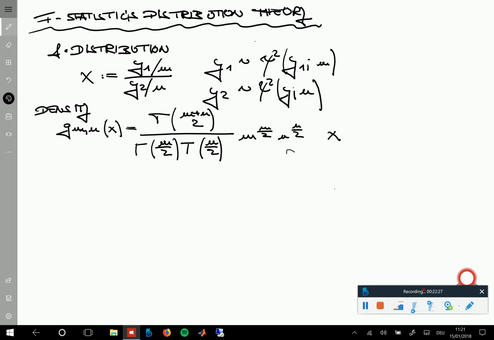So the dependency on x comes in here, minus 2 divided by 2 and divided by mx plus n, m plus n divided by 2. So this is the density function, which depends, and this is the important thing, on both m and n.